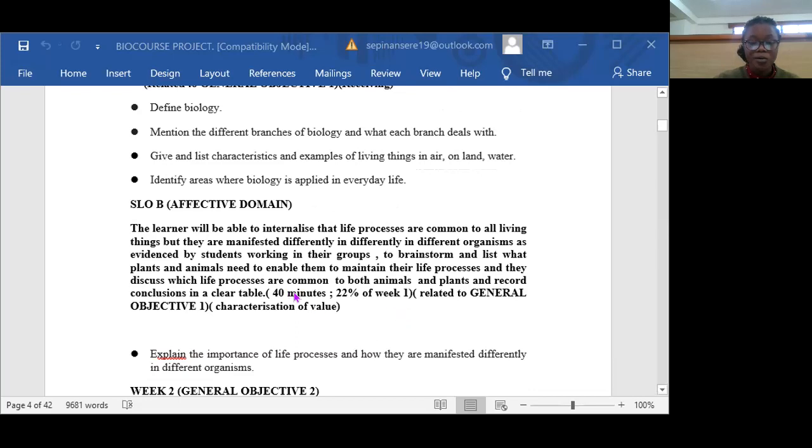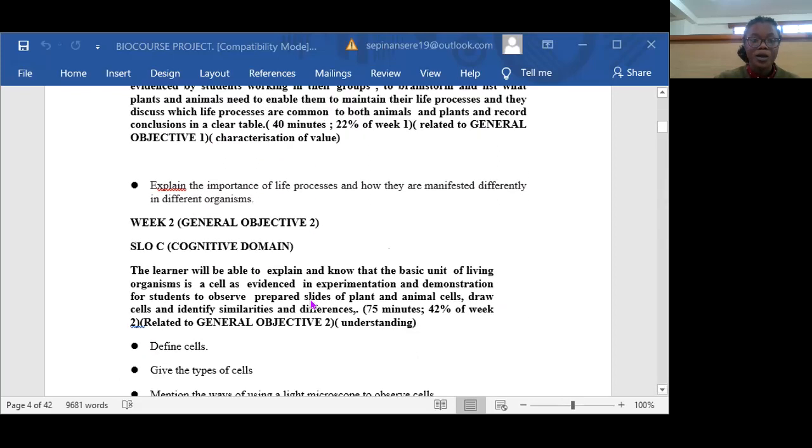This SLO took 40 minutes, 22% of week 1, related to general objective 1, and it is under the higher levels of the affective domain, which is the characterization of value.